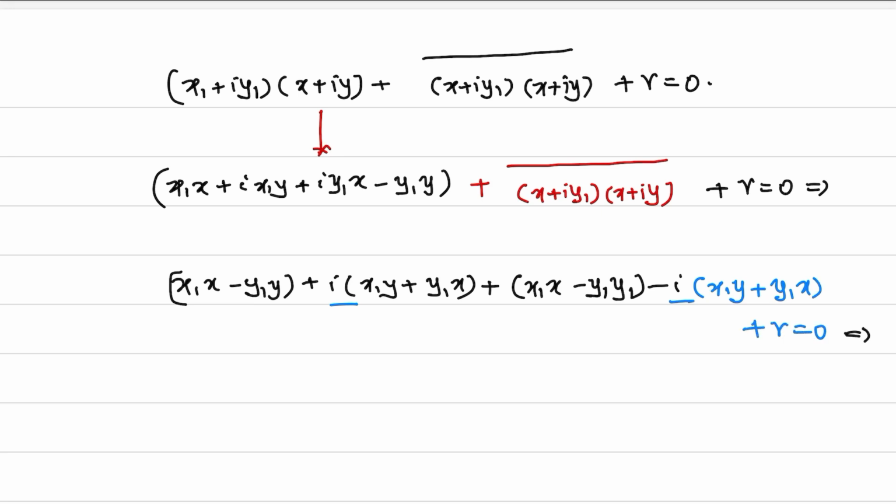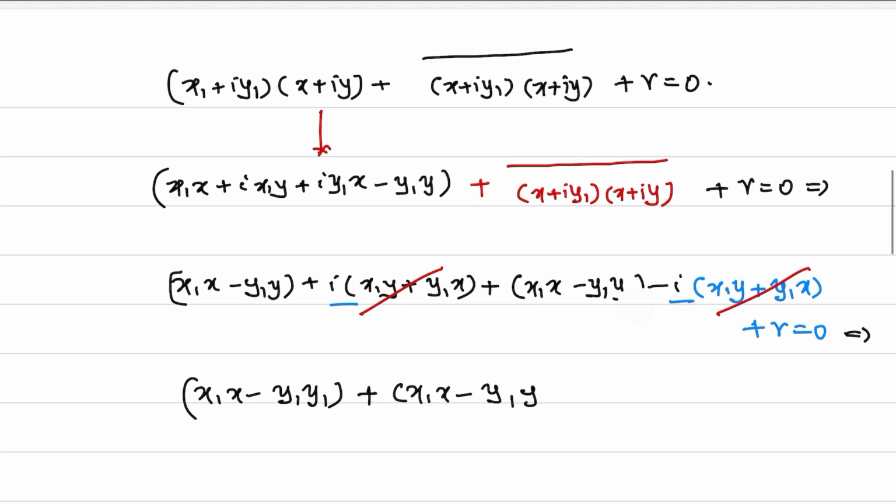That implies x1x minus y1y. This I value will go off. This is positive, this is negative. The remaining values are like this, plus x1x minus y1y, it is y.